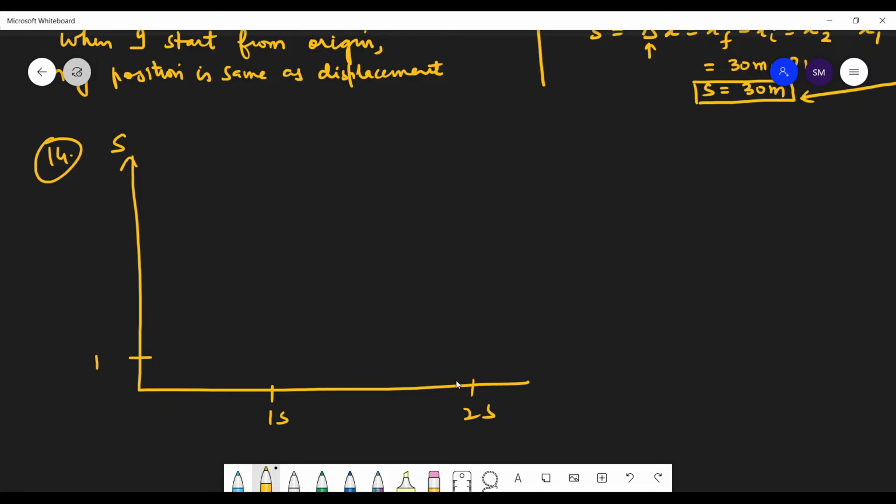So the position-time graph is given to you. So you can write x and t. The position-time graph details of the motion traveled by the particle is as shown.